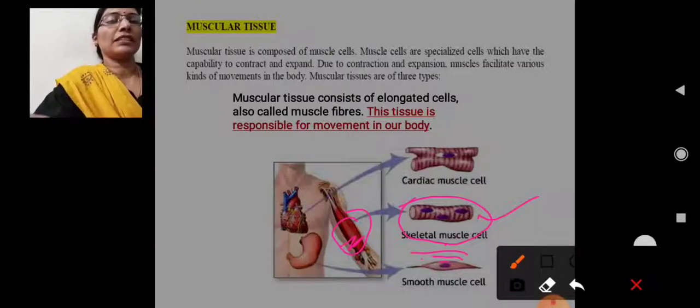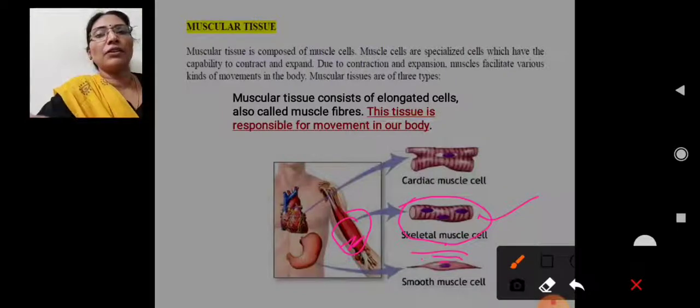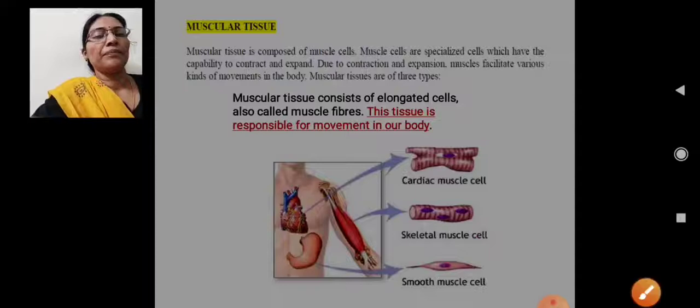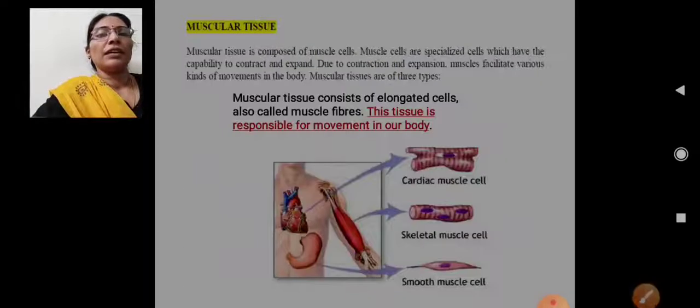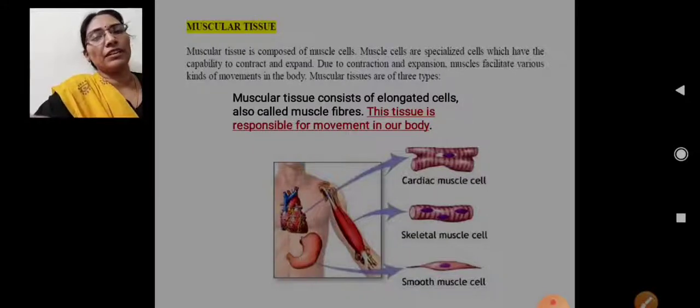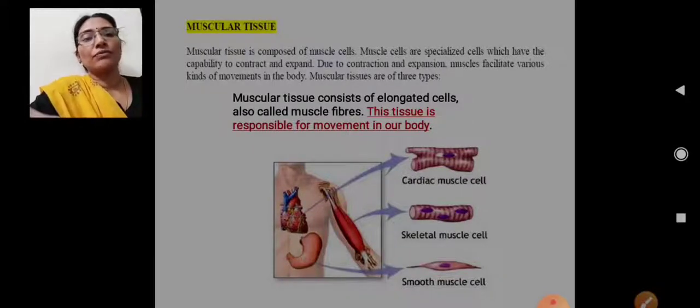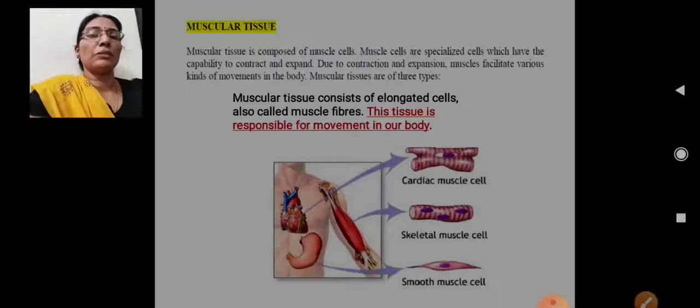Voluntary means they act according to the will of an individual. If we move our hands and legs, without our will one cannot move the body. These body parts move according to the will of the individual.